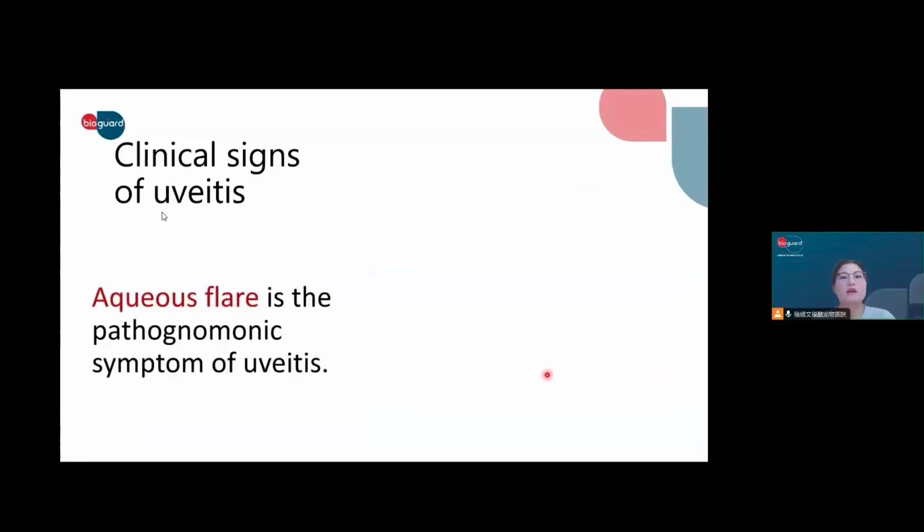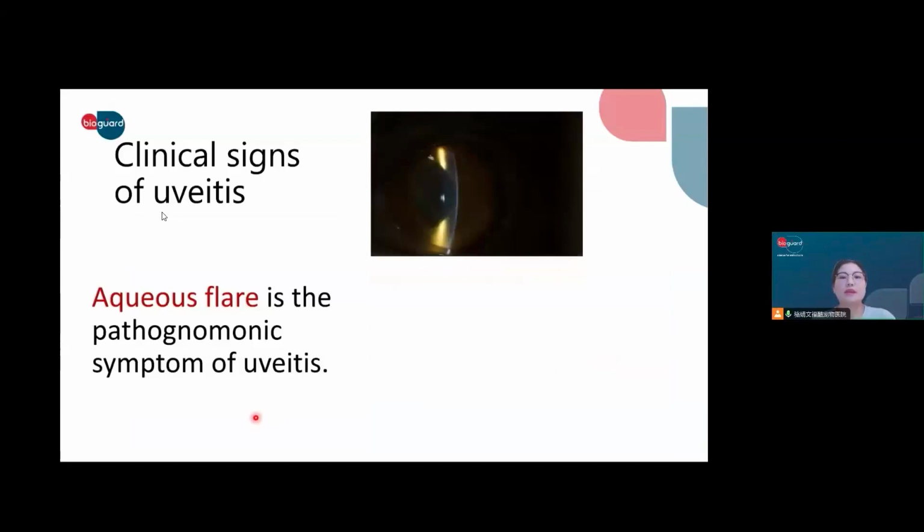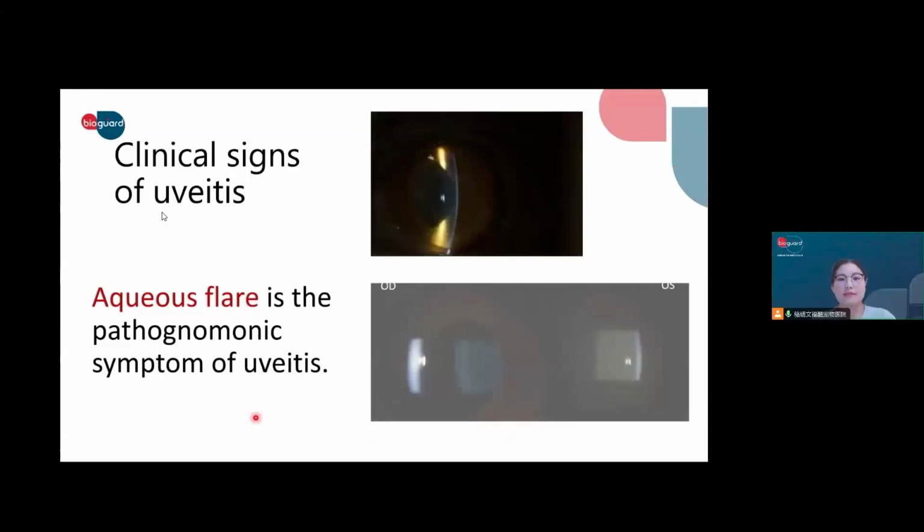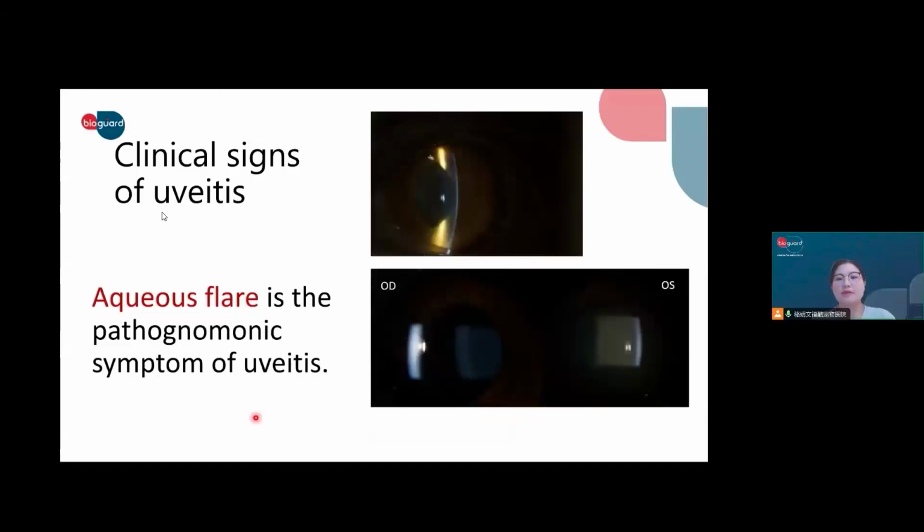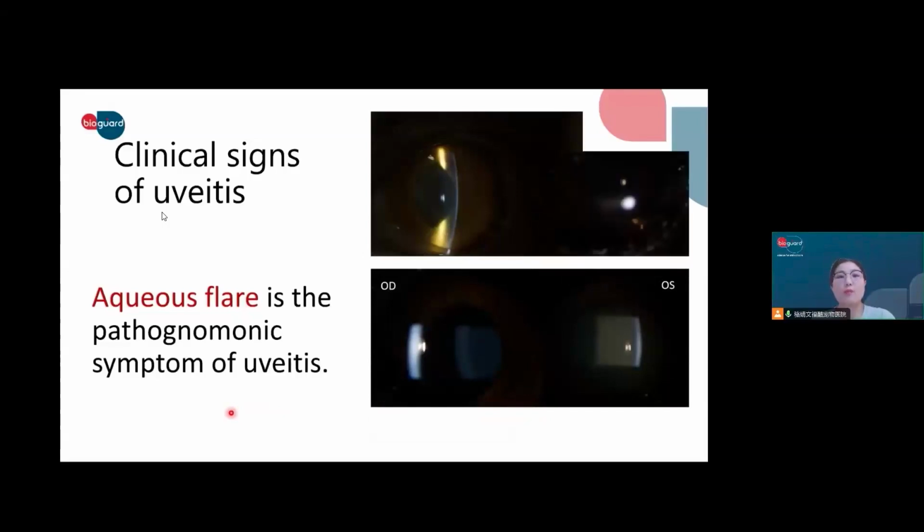Okay, at the end of my summary of the symptoms of uveitis, I'd like to emphasize aqueous flare again. Aqueous flare is the pathognomonic symptom of uveitis. We can observe it by using the slit light here, or a very small point light.